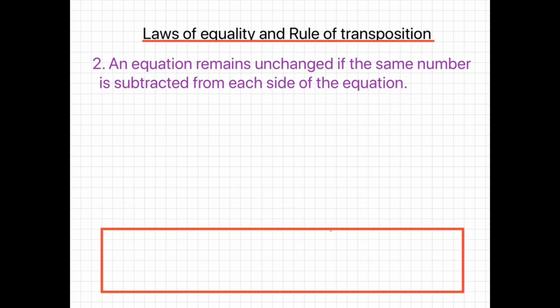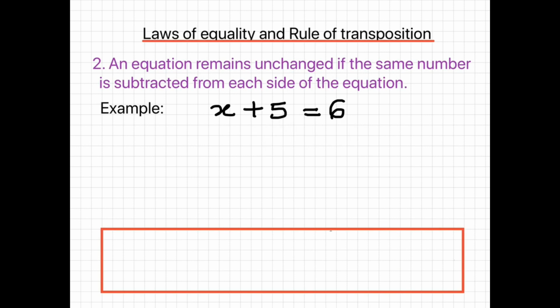To understand this point, let's look at one example. x + 5 = 6. Solving this equation means to find the value of the variable, and to do so we are going to eliminate plus 5 by subtracting 5 from both the sides.